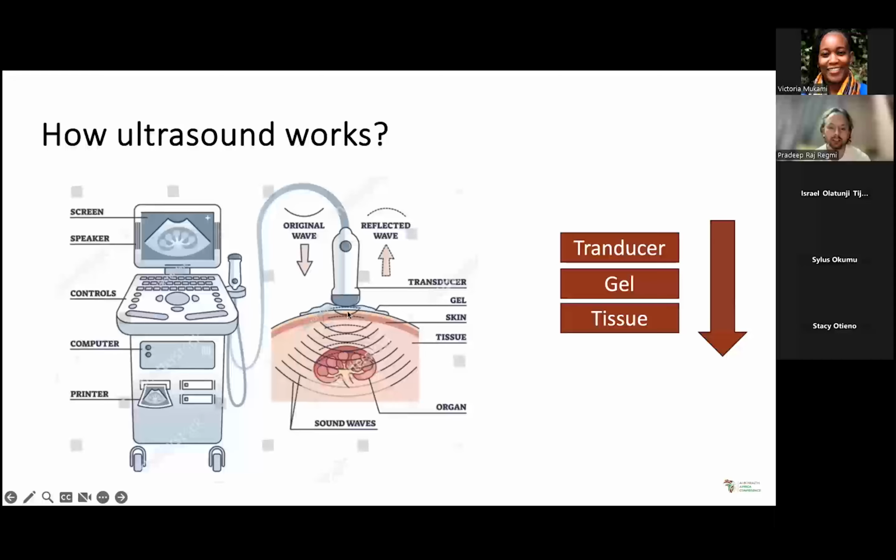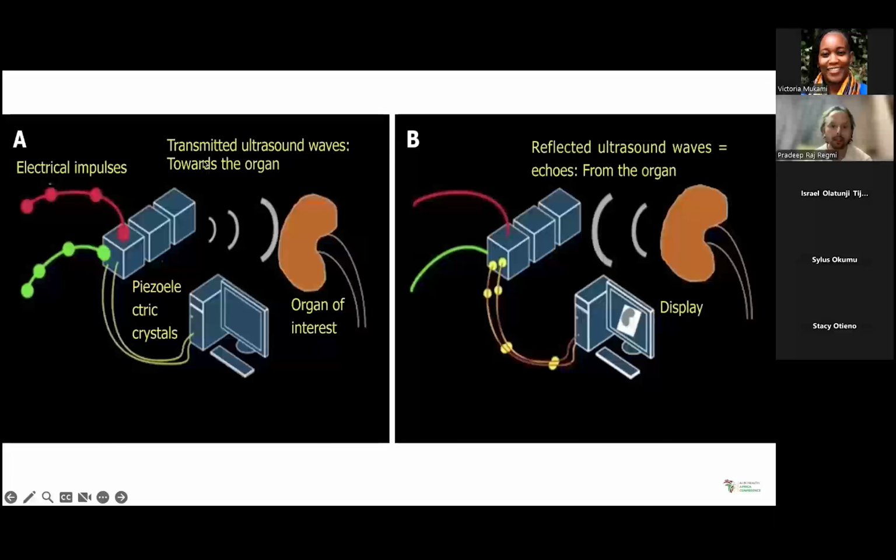There is a skin layer, and there is gel between the transducer and the skin layer. Then the ultrasound wave from the transducer is transmitted into the patient's body, and then it is reflected back into the transducer so that the image can be generated in the ultrasound machine.